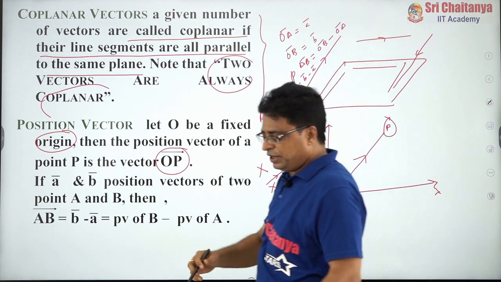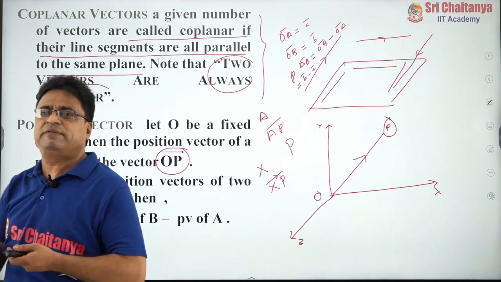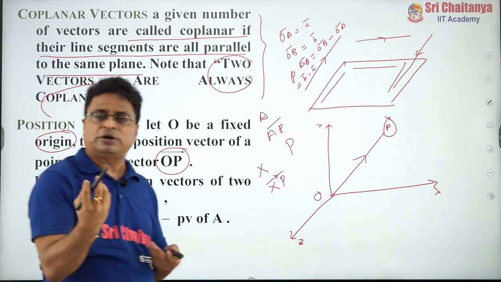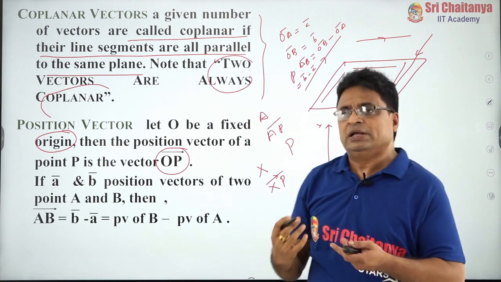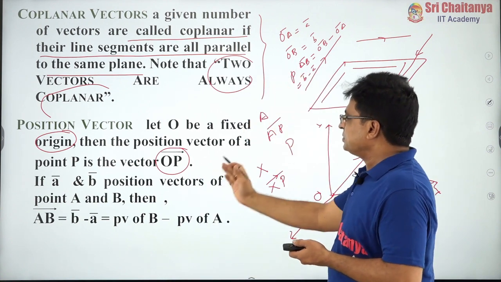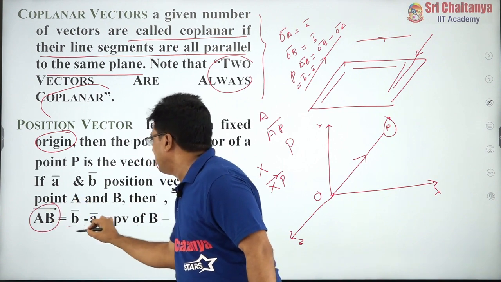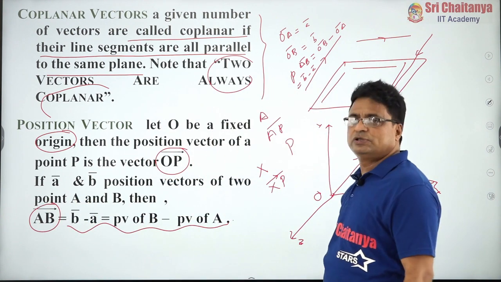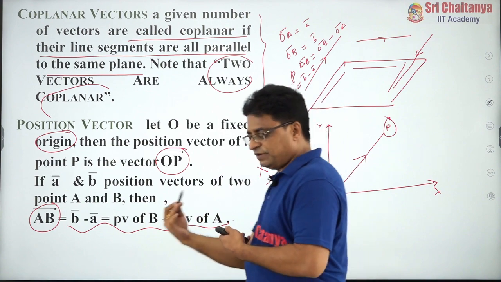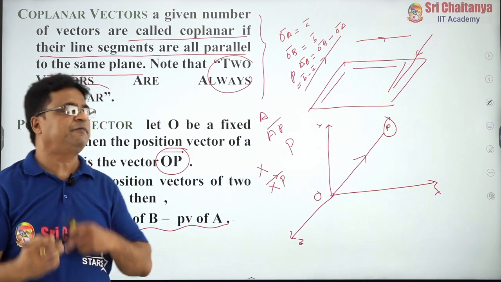So, if you know the position vectors of any two points, then the vector passing through the two points is denoted with AB bar, and it is defined like this: AB bar is equal to the position vector of B minus the position vector of A.